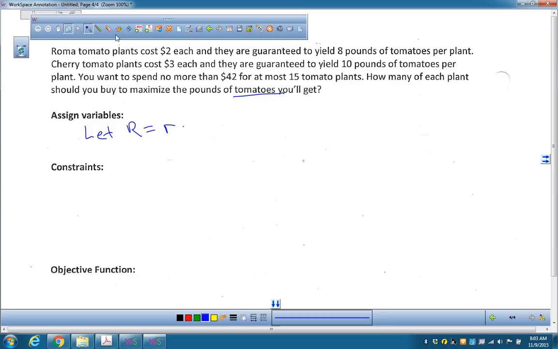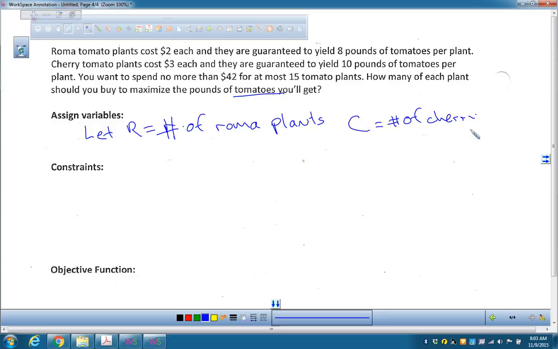So R is equal to the number of Roma plants, and C is equal to the number of cherry tomato plants. Who can give me one constraint in this one?